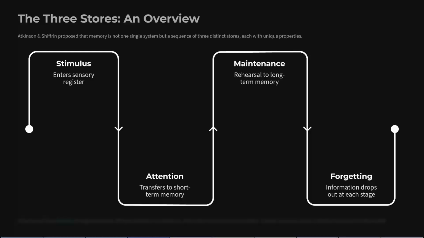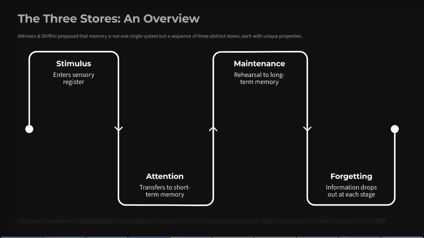From short-term memory, if you use maintenance rehearsal, repeating it over and over and over, the information transfers into your long-term memory, and this is the third store.